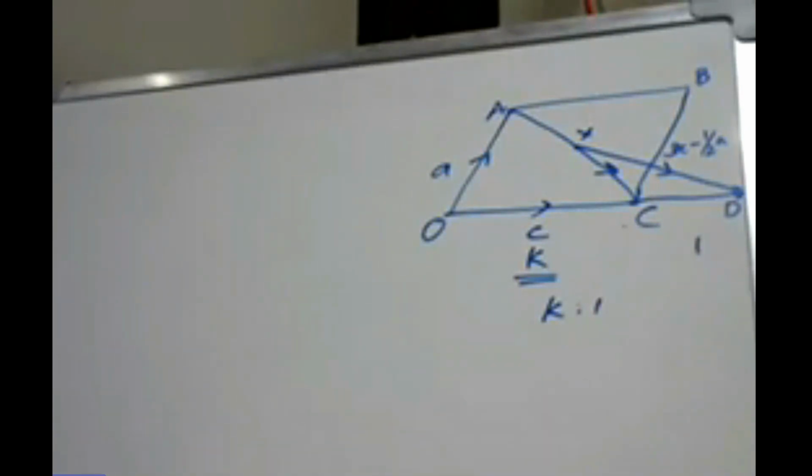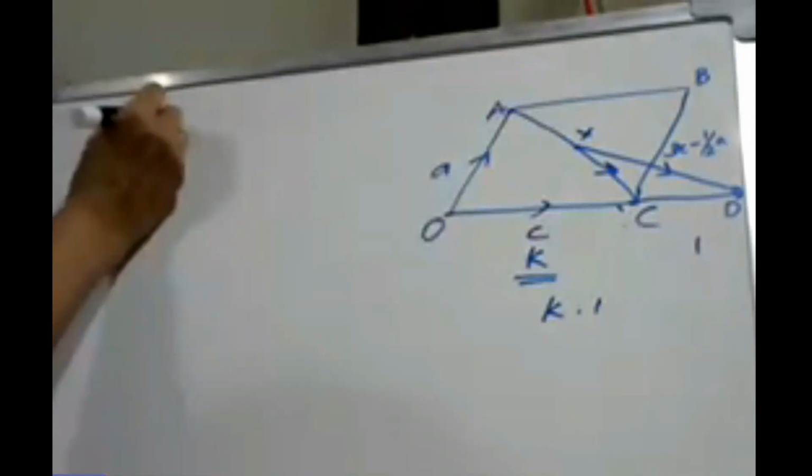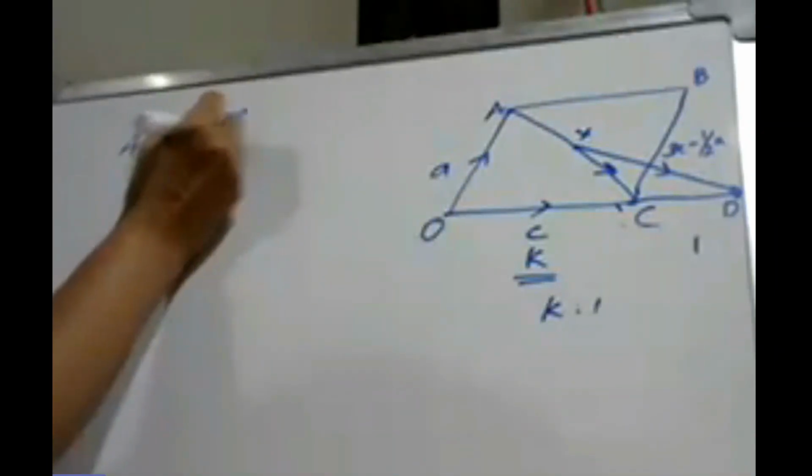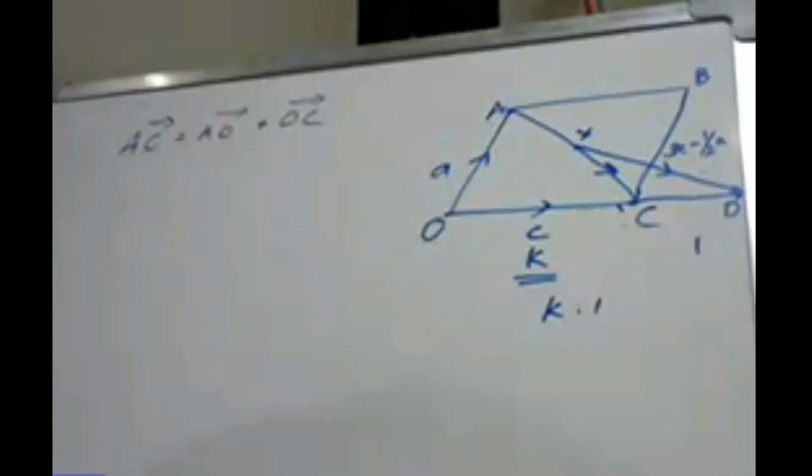So first, we have to find this vector AC. I can write vector AC, starting from A, as equal to vector AO plus vector OC.